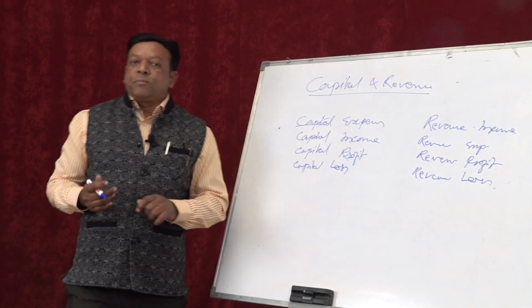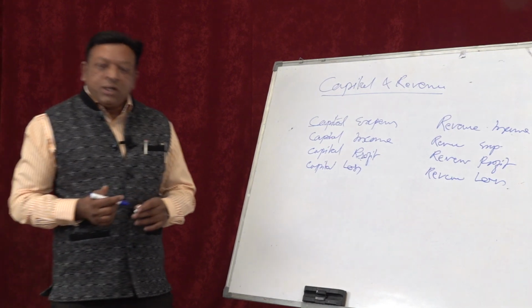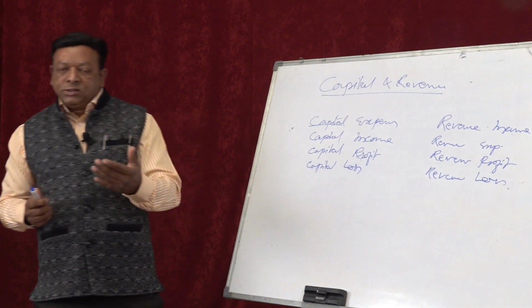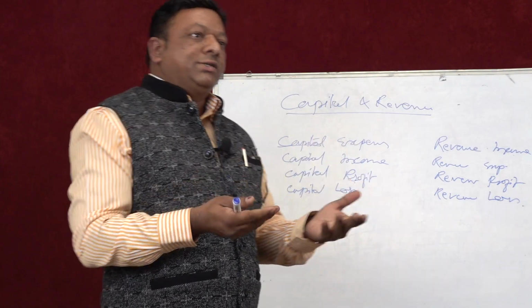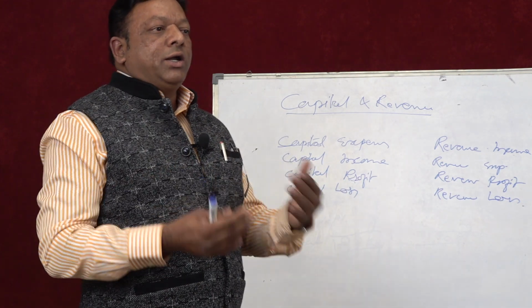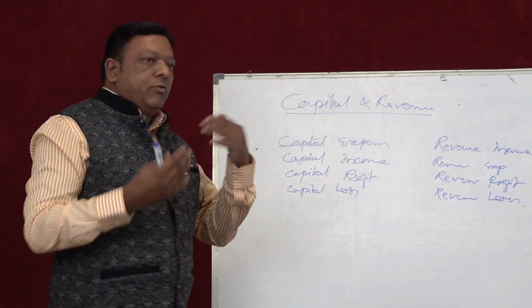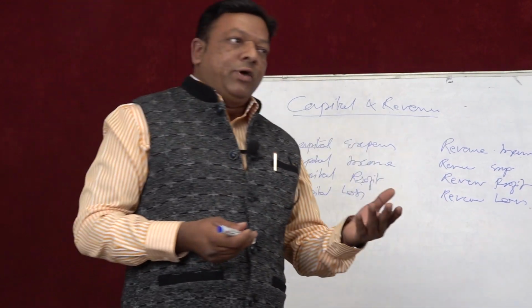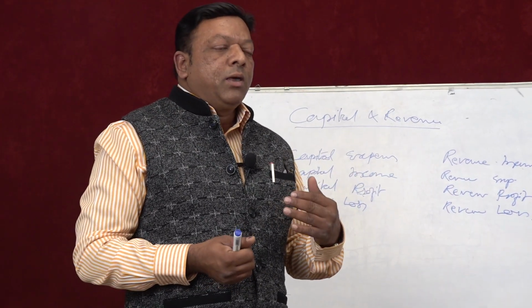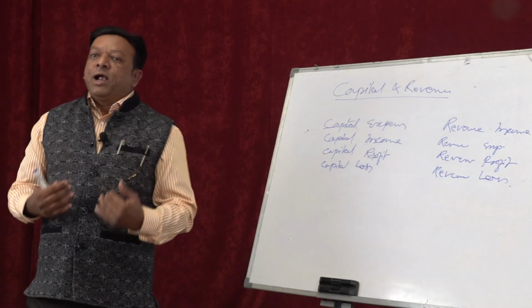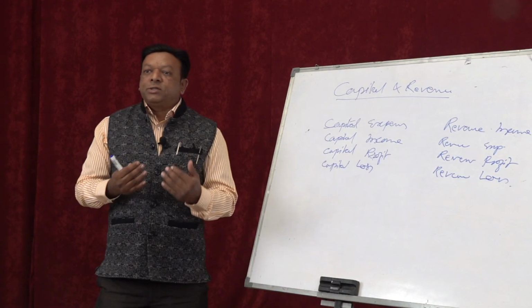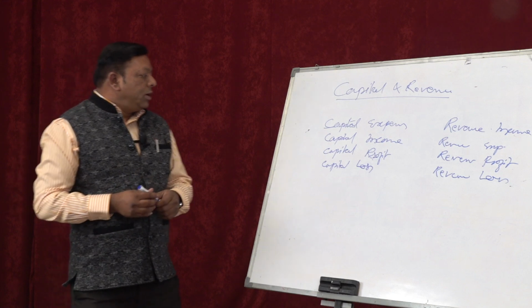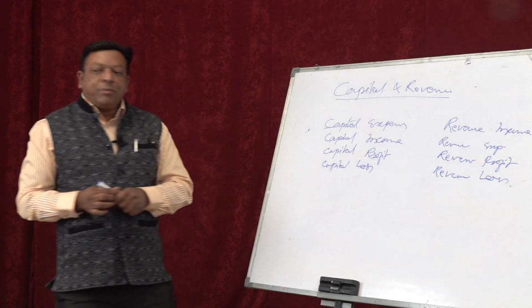Capital income. Capital income is, say we sell the assets, the income we get, that is capital income. We make some transaction for collecting capital, say for example premium. The premium we get with the capital is also capital income. Now the capital profit or capital loss.